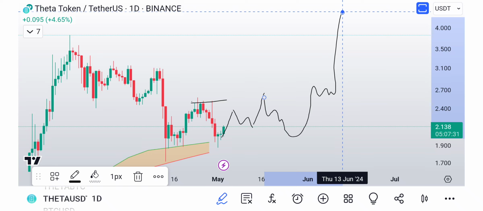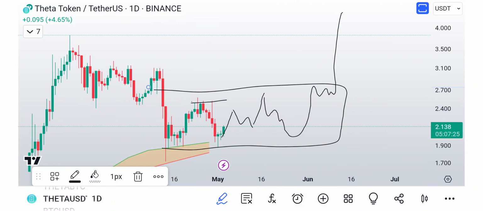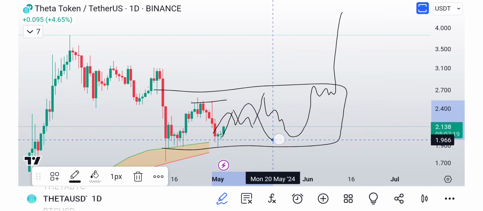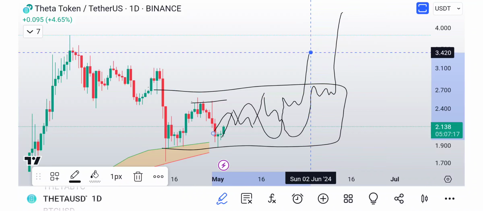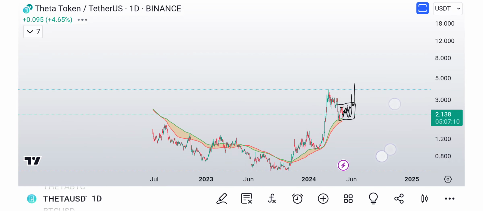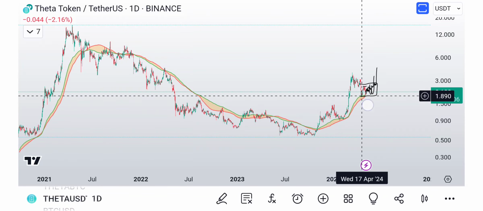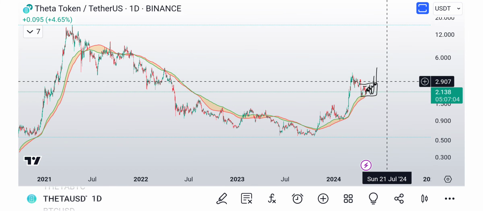Maybe the way I drew it is big, but it probably wouldn't take that long. I would say that's probably too big the way I've drawn it. More like that, something a little bit smaller. But when you zoom out, it looks like a normal correction.